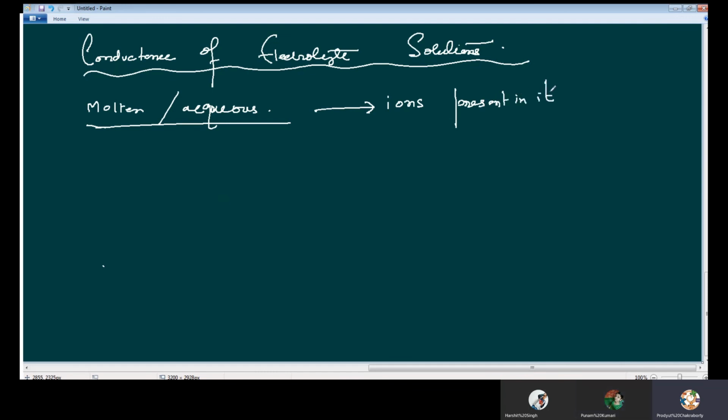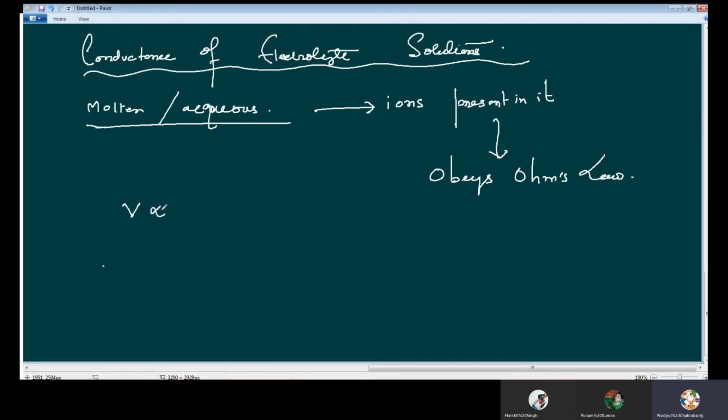And it obeys Ohm's law. Now, what is Ohm's law? V is equal to IR, meaning the potential difference is equal to the product of current and resistance. When the temperature and other physical conditions remain constant, the current flowing between two points of a conductor is proportional to the potential difference.